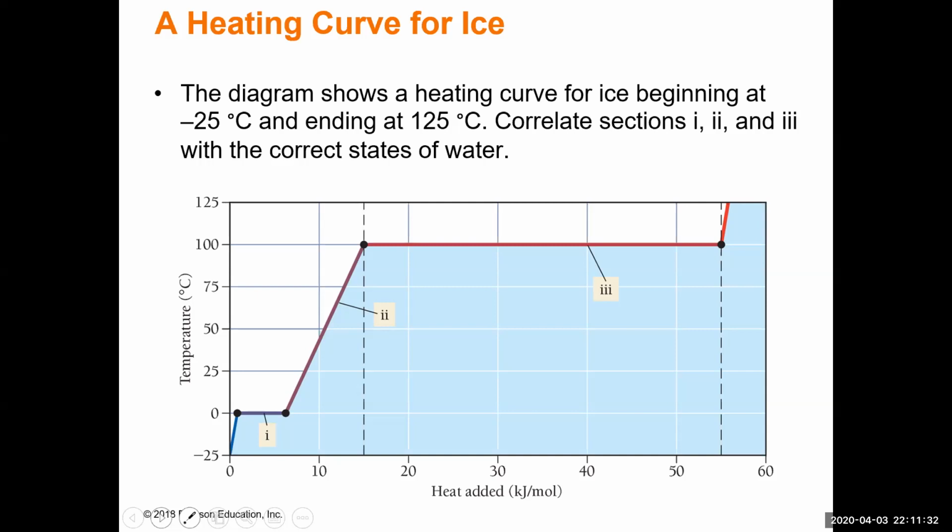So here we see a heating curve for ice. In this diagram, it shows a heating curve for ice that begins at negative 25 degrees Celsius and ends at 125 degrees Celsius.